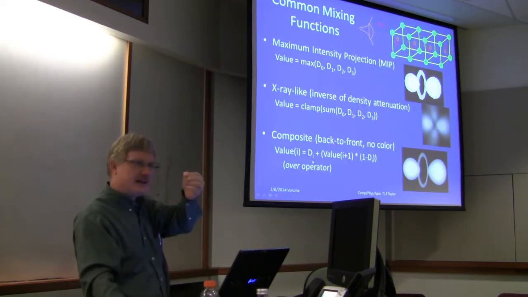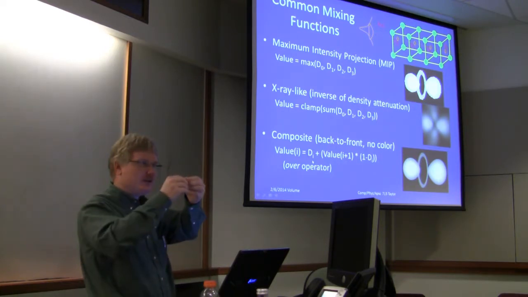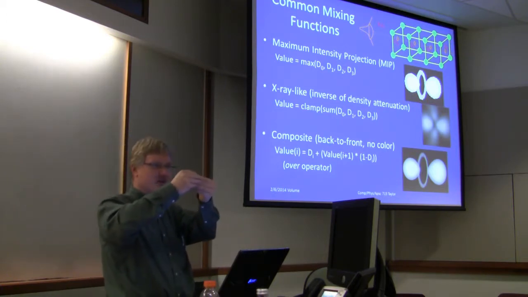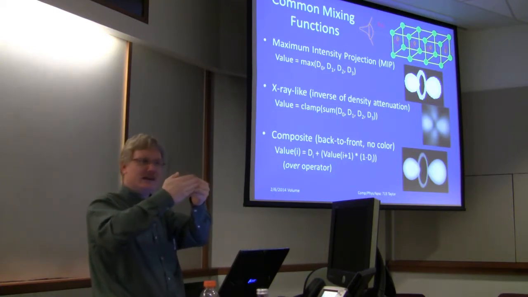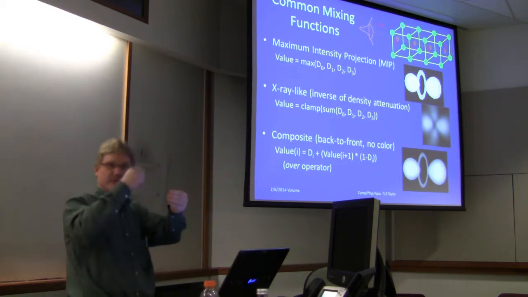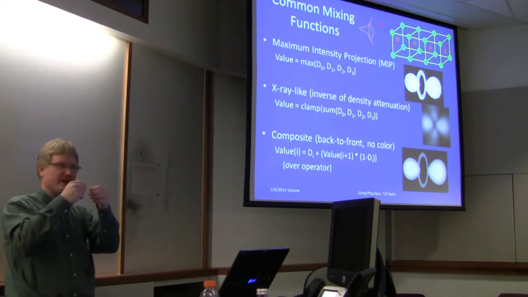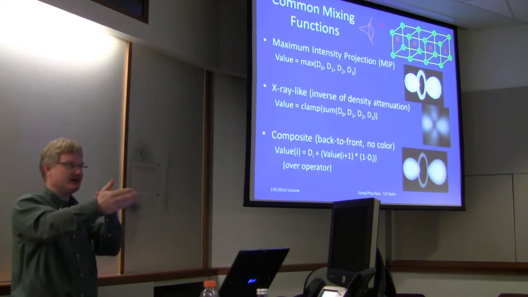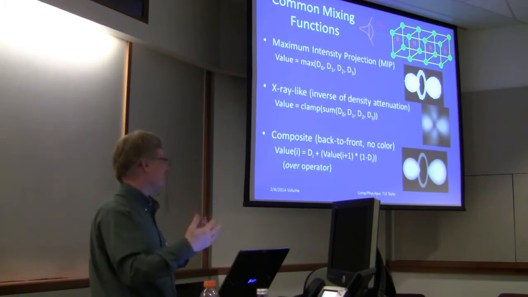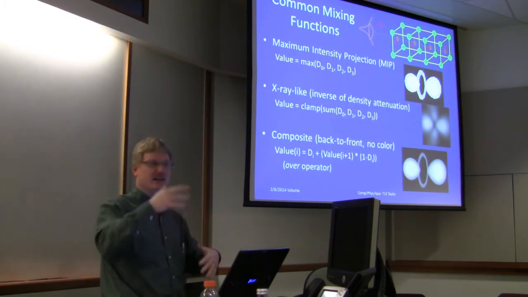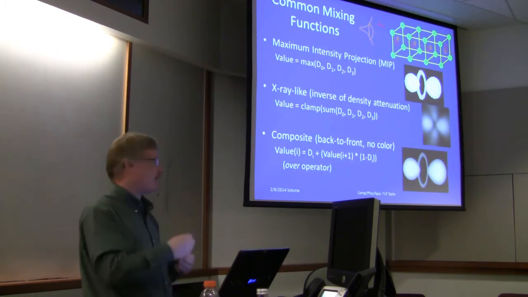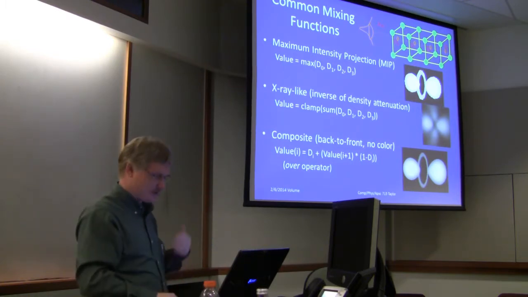I take the one I'm looking at, and if it's 90%, then 90% of the color of this pixel comes from this voxel, and 10% comes from all the ones behind. Then recursively we do this. So the first one, if it's very highly opaque, hides everything behind. If it's not, then it shows through what's behind. And this is normally what people think of as direct volume rendering, where the opacity depends on how much density is in the local region.